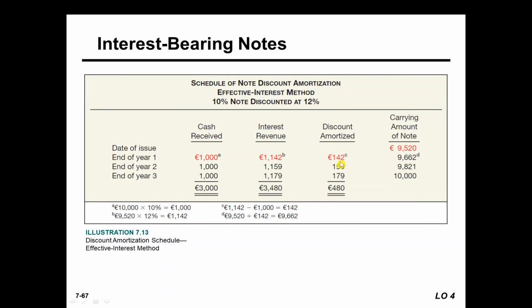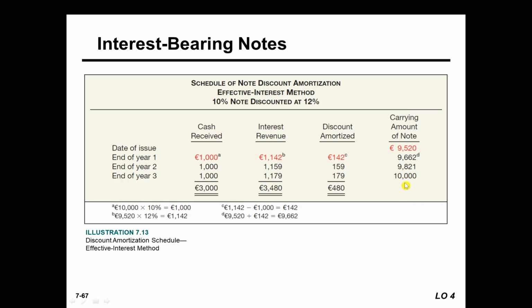So here we have discount amortized of 142. At the end of the first year, we also need to add to the carrying amount of the note, 9,520, the discount amortization of 142. It equals 9,662. And we continue until the end of the third year.